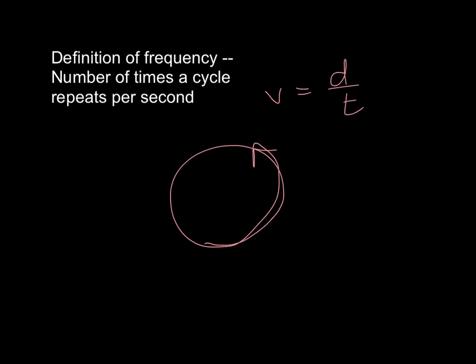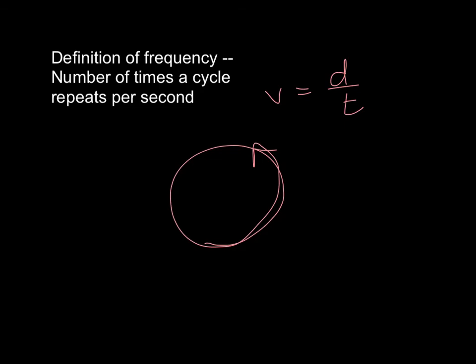One of your pretest questions asks what's the frequency of that circular motion, meaning how many times does your particle go around in a circle per second. His velocity is his distance divided by his time. That's like what we learned a long time ago, right?